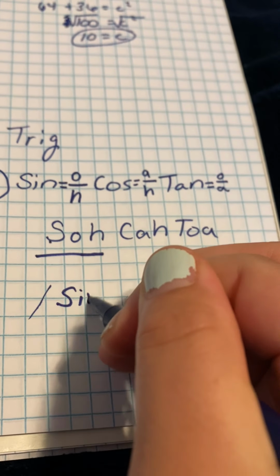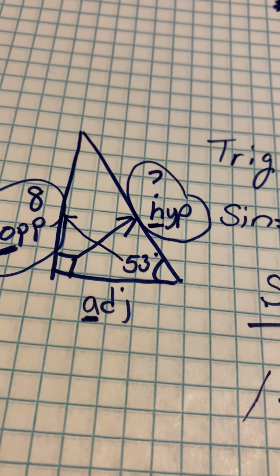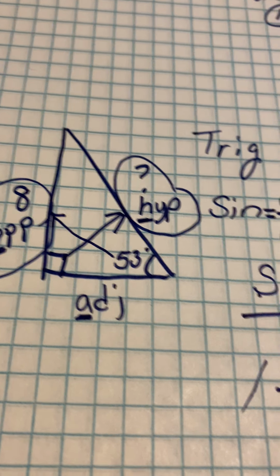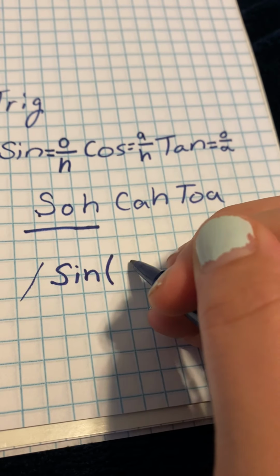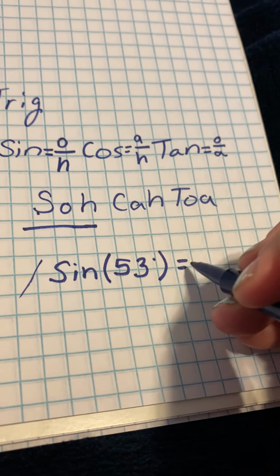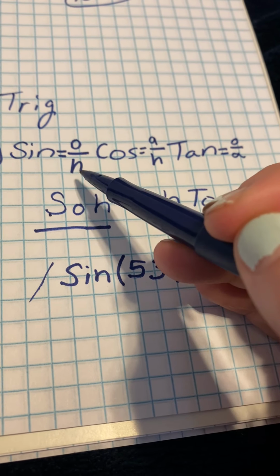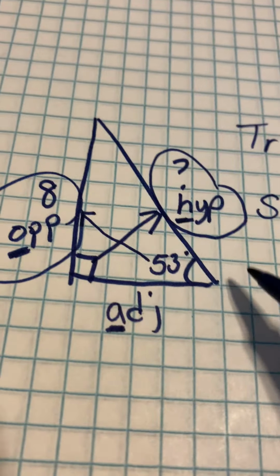So it goes sine and then our angle, which is 53 degrees. I'm going to write: sine 53 is equal to the opposite side over the hypotenuse. The opposite was 8. The hypotenuse we don't know, so I'm going to use x for that. So we'll have 8 over x.